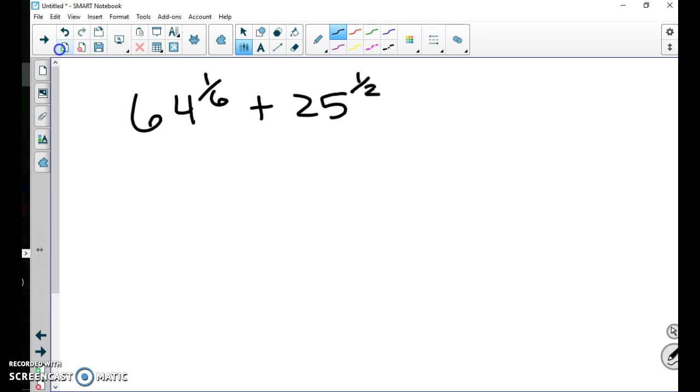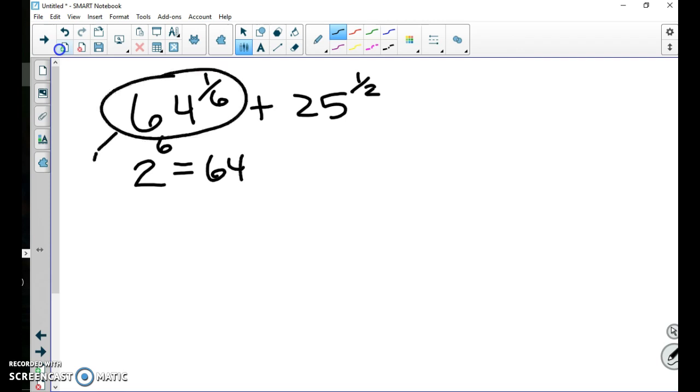So obviously 1 to the 6th is 1, but if we look at 2, 2 times 2 times 2 times 2 times 2 times 2, 2 times 2 is 4, and 3 bunches of those would give us 64. 2 to the 6th power is 64. So our solution, the 6th root of 64, is 2.